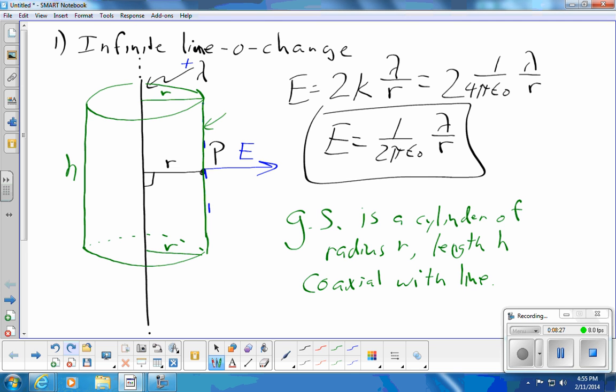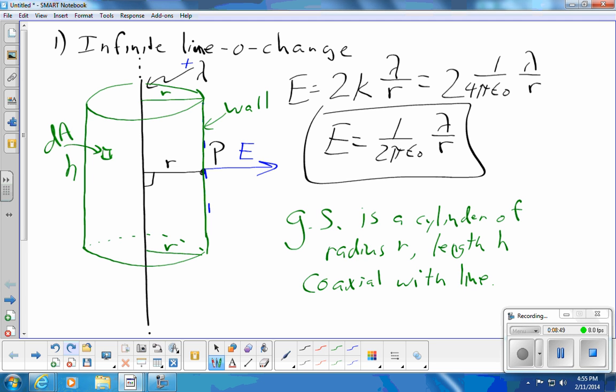And here's why. When we look at the wall of the cylinder, everywhere on this wall, it's a curved surface, and so I would have to divide this up into little area elements, dA, and all the area vectors for those point out.